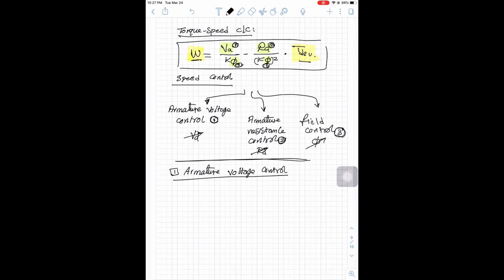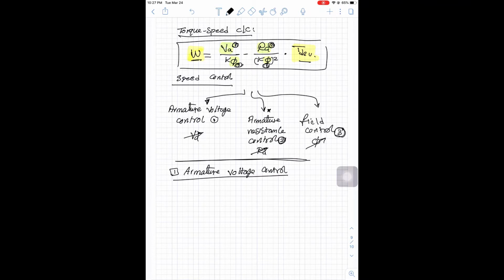The second assumption is that when we are doing one of the controls, the others will be constant. If we are doing armature voltage control, the other two will be constant. If we are doing armature resistance control, the other two will be constant. If we are doing field control, the other two will be constant.